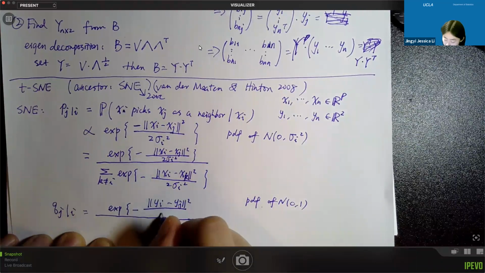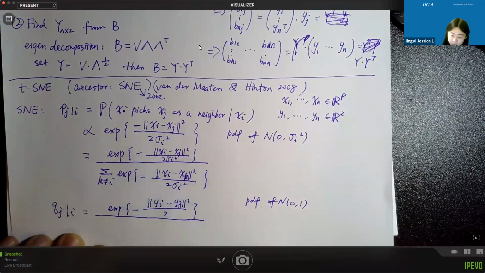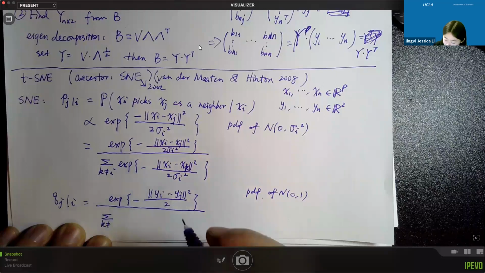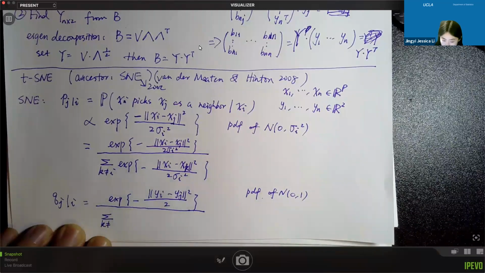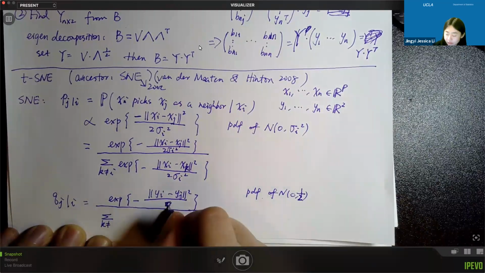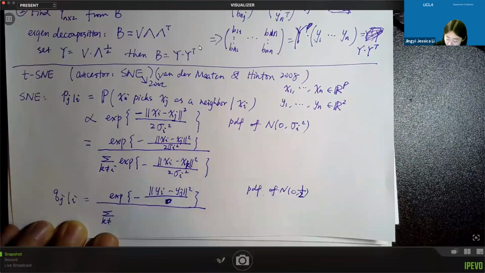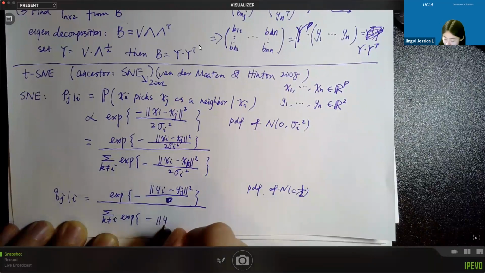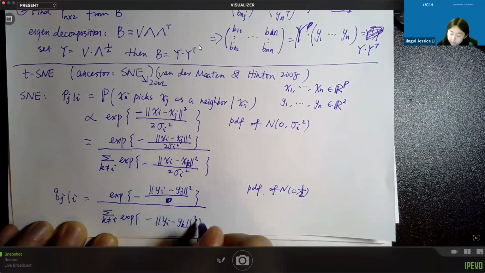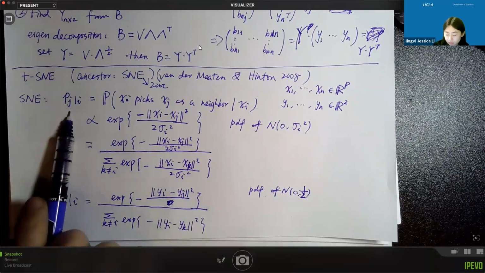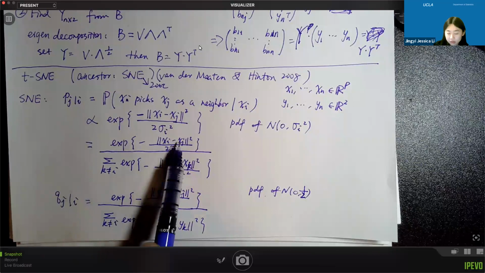Oh, sorry, no, I think they actually remove it, not 1. So variance 1/2, like that. So then this is gone, and I don't need the denominator in the exponential. So for k not equal to i, it's exponential of minus the squared distance between y_i and y_k. So this is the q_j given i I want to have in low dimension. This is the p_j given i I have in high dimension, based on the data's Euclidean distance in high dimension.